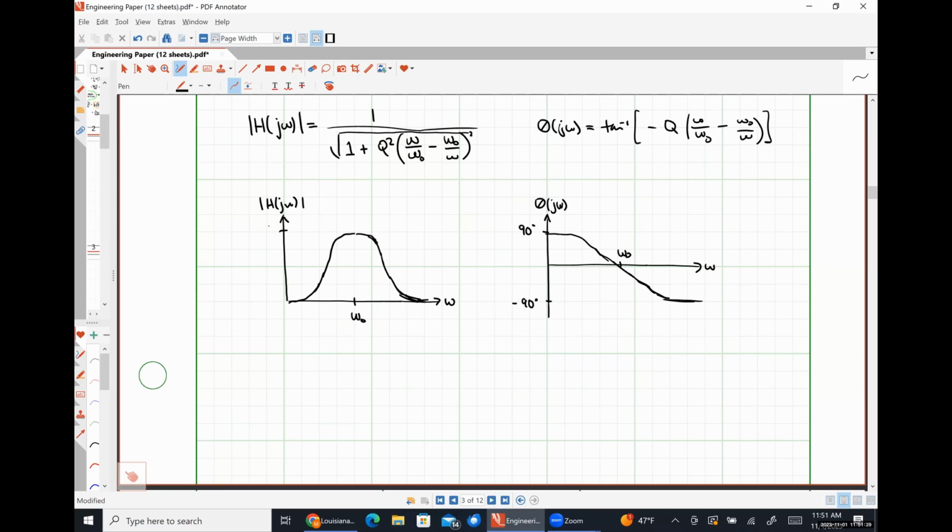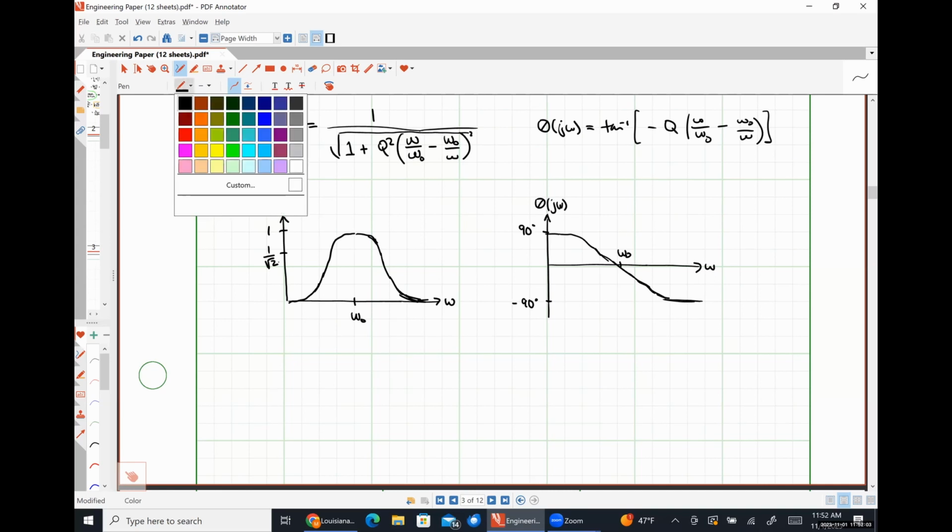So let me specifically put this thing to be 1 right here. All right. So when we talked about filters way back in circuits 2, we defined the bandwidth to be the difference in the half power frequencies, right? Since power is related to the magnitude squared, what we're looking for effectively is when our response plot is equal to 1 over the square root of 2, right?